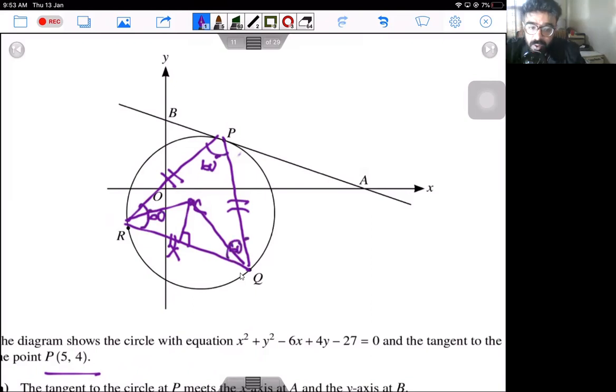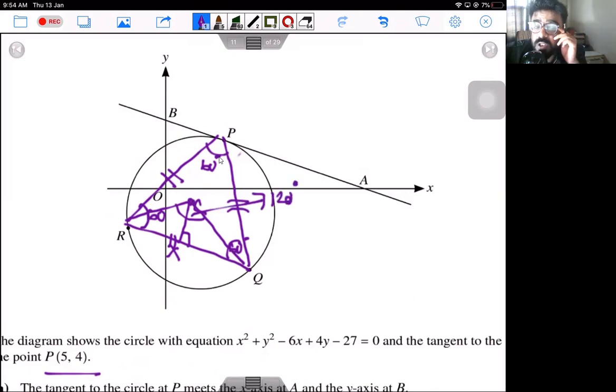Okay, now since you have studied a property since IGCSE and O-level mathematics, that the angle at the center is twice the angle at the circumference, given that they are subtended by the same arc. So since this angle is 60 degrees, this complete angle RCQ is 120 degrees.